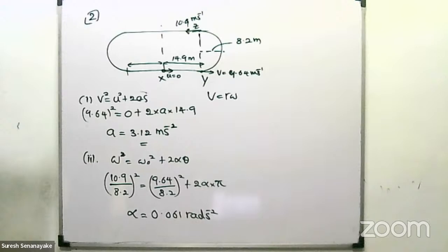This reaction, the horizontal component of this reaction force, provides the centripetal force, which helps to maintain the motion along the circular path or curved path.